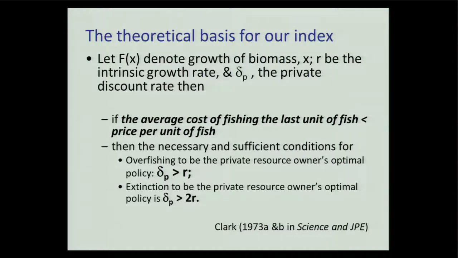Well, Clark is an applied mathematician at UBC. He's over 80, and he's still writing more than many of us in the room. It's amazing. So he did this, and you can find it in Science. Everybody knows what Science is. JPE is the Journal of Political Economy. So he published in both, and this is a message for you: you don't only publish, you republish. To be a really big scientist, you republish.